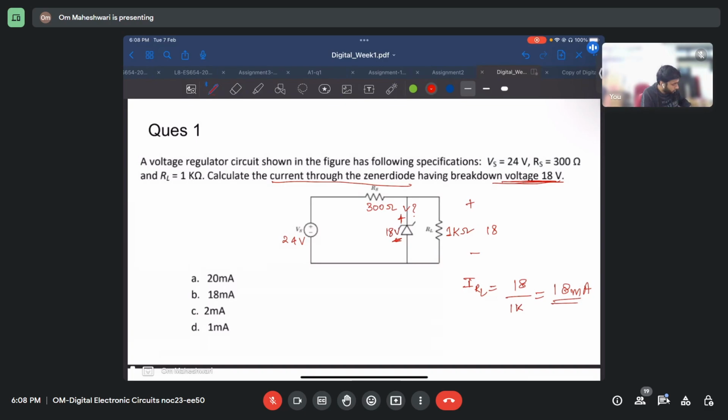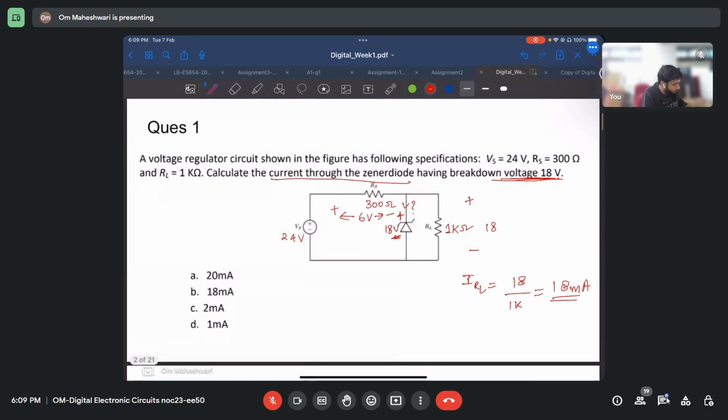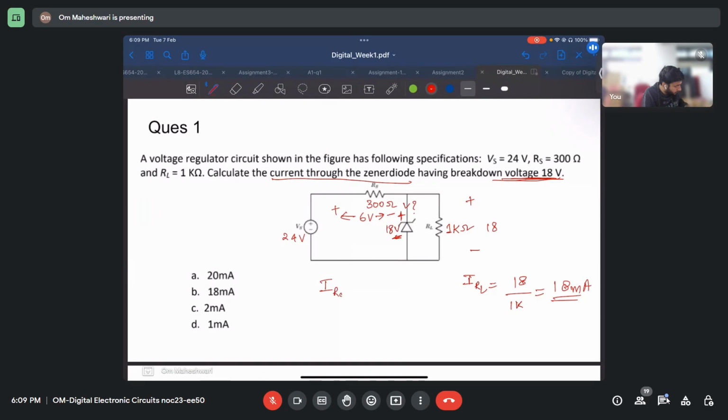Here it is 24 volts, here it is 18 volts, so the difference is 6 volts. Across RS, we have plus minus 6 volts. So what will be the current through RS? IRS equals 6 upon 0.3 kilo ohm.